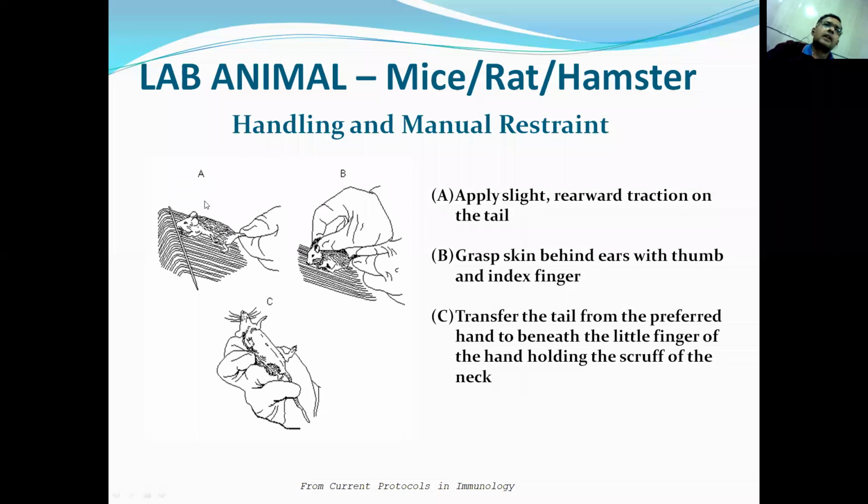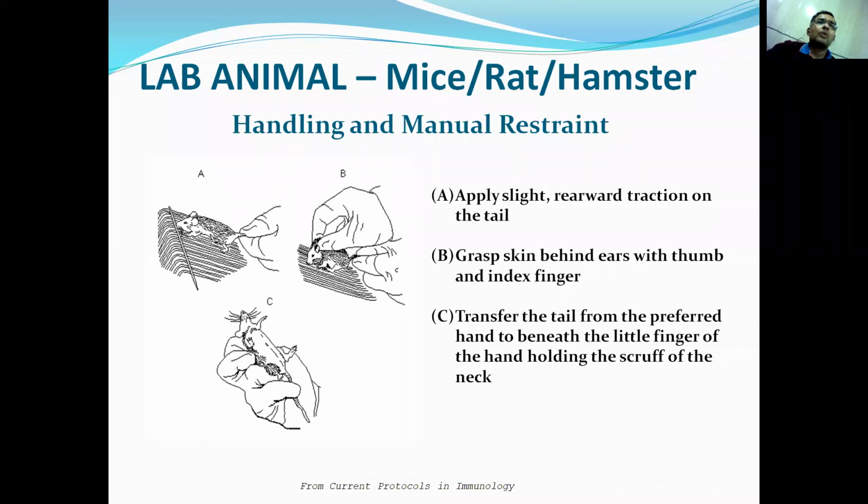So for a rat, you have to pick up the mouse or rat by the tail and take it out of the cage. You put the animal on the top of the cage, and the animal tries to move forward.